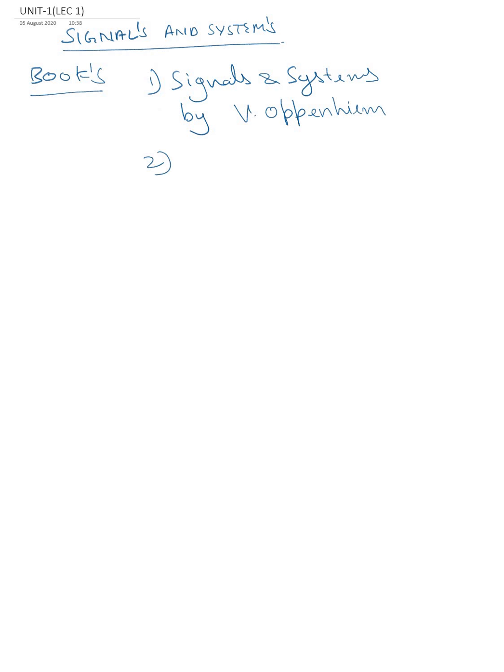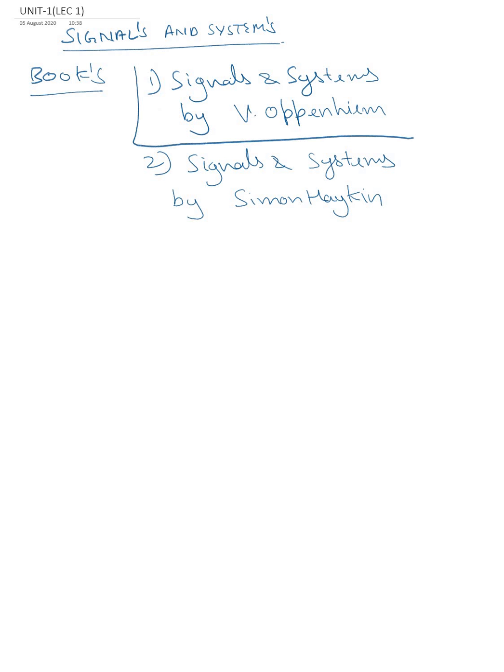The second one, again the title is Signals and Systems, by Simon Haykin. You can practice the numerical part of this course from Oppenheim. It's a very nice book.